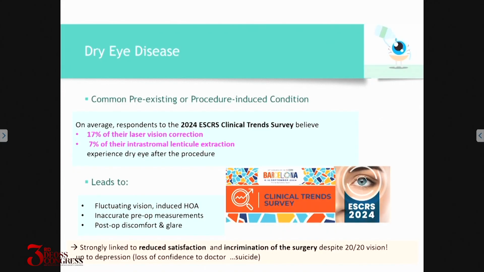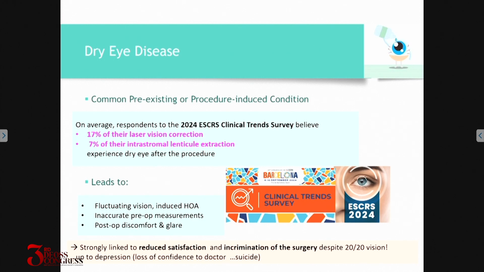And again, as we mentioned yesterday, 10 years ago, nobody would even have considered a checkup of the ocular surface. We can estimate nowadays, according to the 2024 ESCRS Clinical Trend Survey, that 17% of the surgeons doing laser surgery estimate that patients suffer from ocular surface problems, and it's 2% when you go for SMILE, for lenticular extraction.